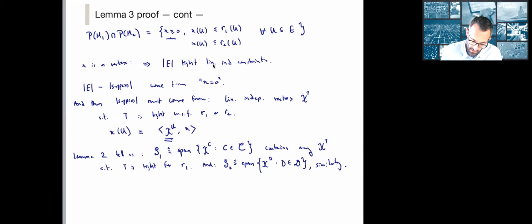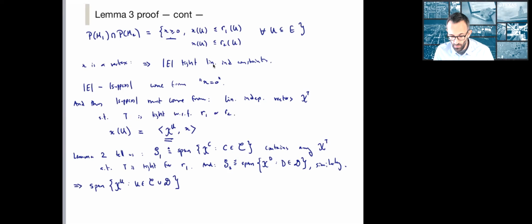So that means that now let's look at the span of chi u, where u is in either C or D. Well, this span certainly contains S1, and it certainly contains S2. So that means it contains their union. Again, remember that the union of the spans is always a subset of the span of the unions.